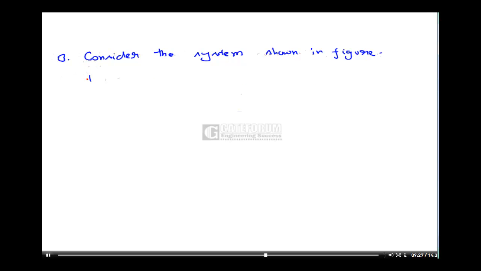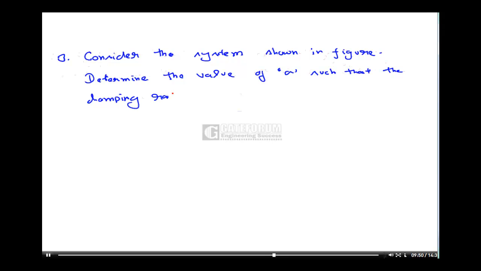For this system, determine the value of A, where A is some constant, such that the damping ratio is 0.5.